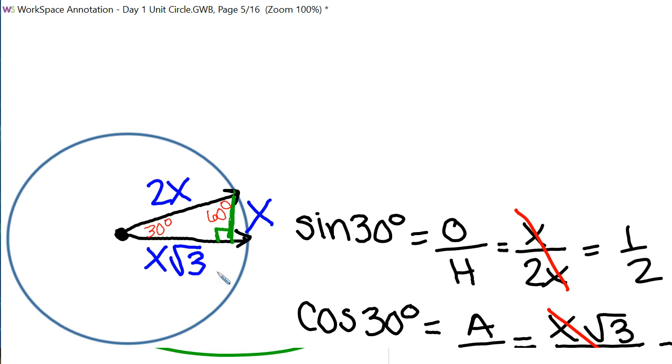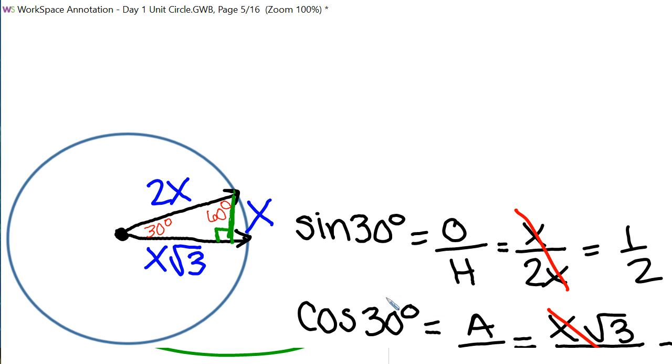And the last one we'll find for this circle will be the tangent. And using SOHCAHTOA, how do you find tangent? Opposite over adjacent. So the opposite side is X. The adjacent side is X square root of 3.